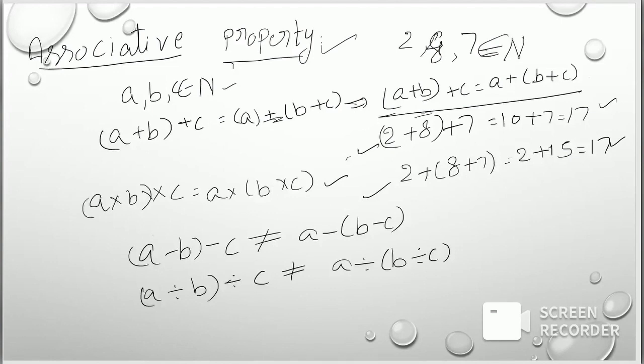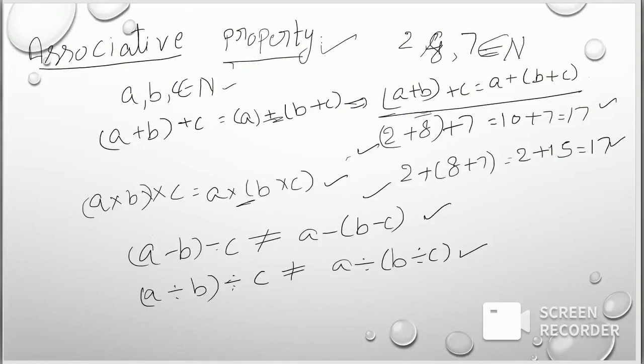These two expressions are not equal. So the natural numbers do not satisfy the associative property under subtraction and division. That means natural numbers satisfy the associative property under addition and multiplication only. This is about the associative property.